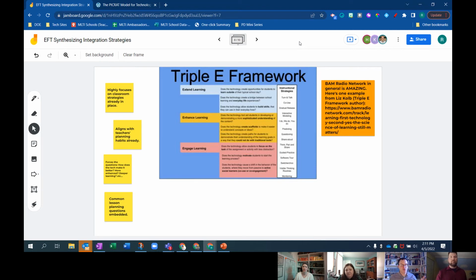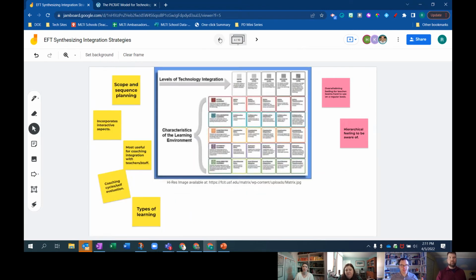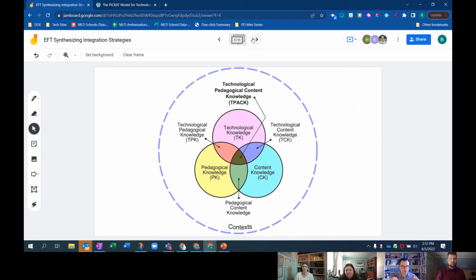So maybe that metaphor is a good one, that if we're going to say to people at the beginning, sort of the approach here is, yes, you have amazing technological knowledge, and what we're looking at is moving these circles as close together as possible till they all overlap and that center is as big as it can be. And once we know that that's the overarching goal, then we're going to use the various frameworks to figure out how to make that action, or how to move in that direction.